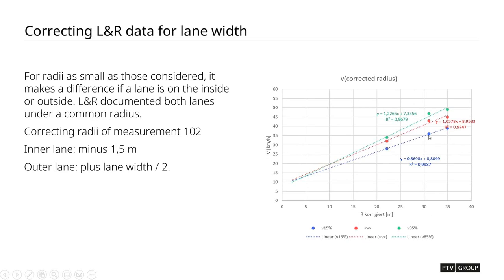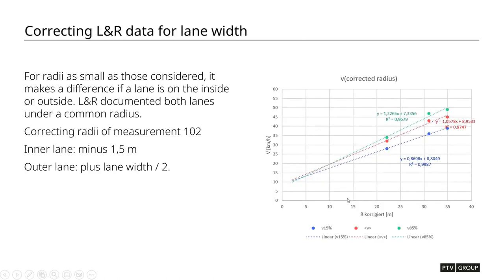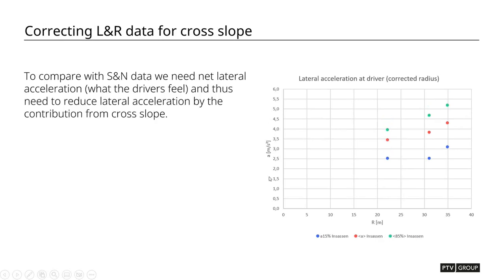The inner lane is at smaller values and the outer lane is at larger values. The same shown not with speed versus radius, but with acceleration versus radius.